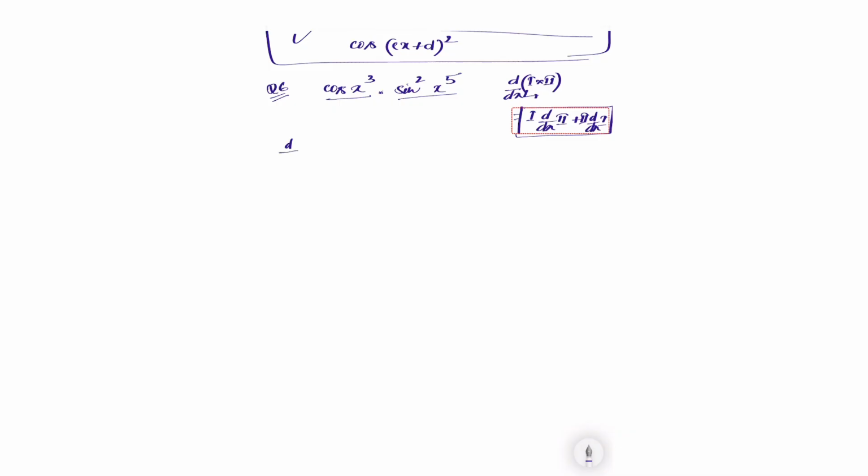Then ddx of cos x cube into sine x power 5 whole square. Look at this. Sine square a is also called sine a whole square. So here sine square becomes a whole square. Take care. Sine square is sine a whole square. Now apply the rule.